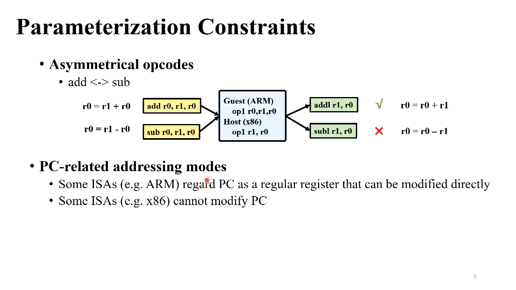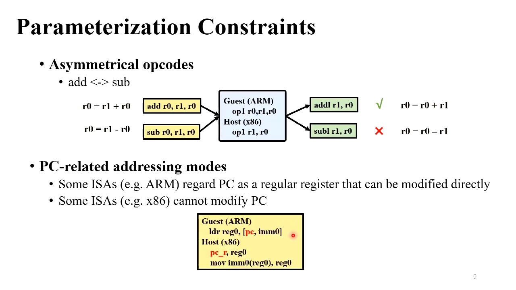In the addressing mode parameterization, there are also some constraints. For example, ARM treats the program counter as a regular register that can be modified, whereas x86 cannot modify the program counter. In this case, we use a general purpose register to replace the program counter, such as register 0 in this example.